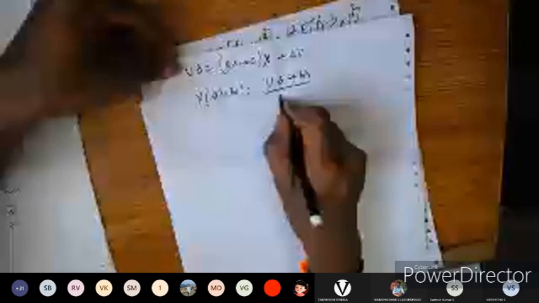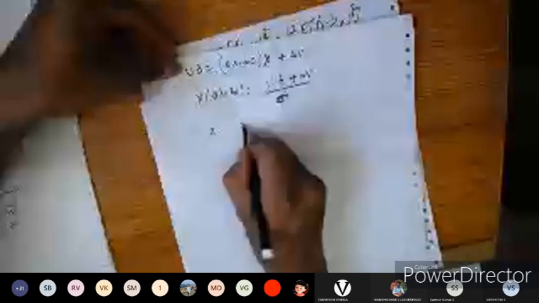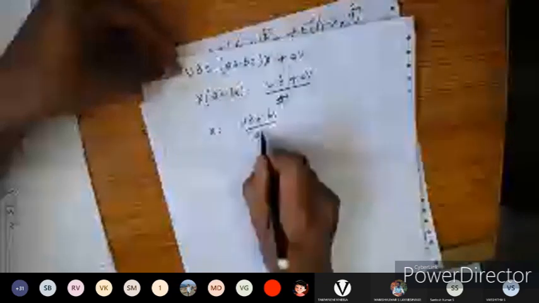So x will become, so ad minus bc is equal to ud plus bv, so divided by ad minus bc. So x is nothing but ud plus bv divided by ad minus bc. Okay, done.